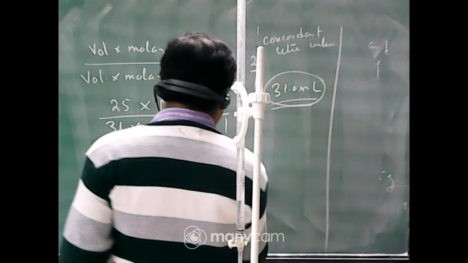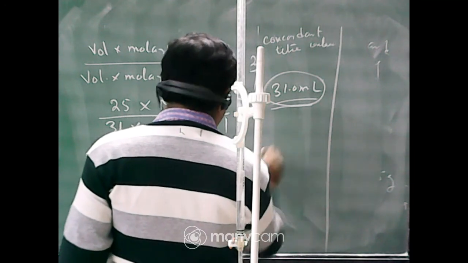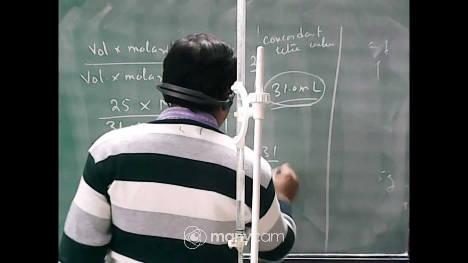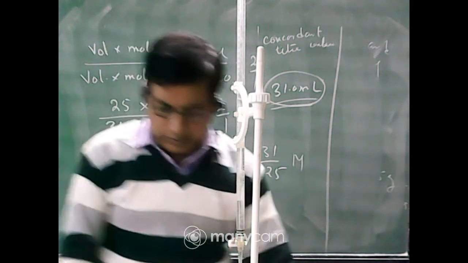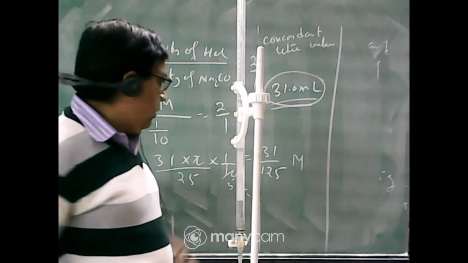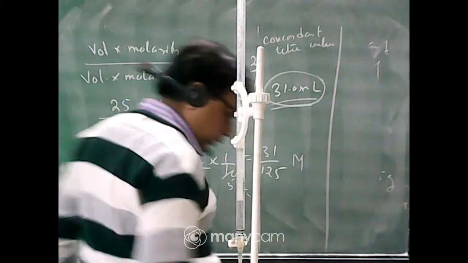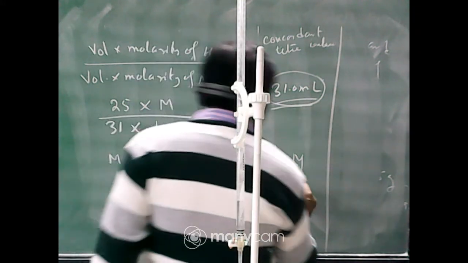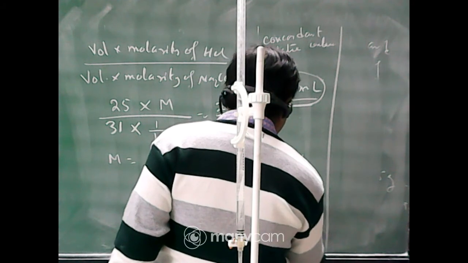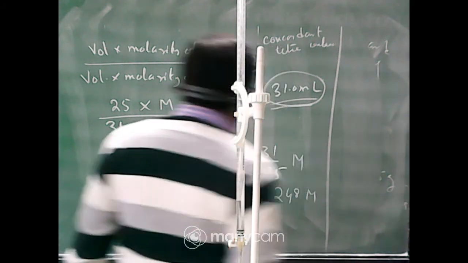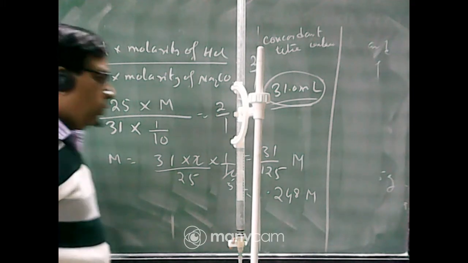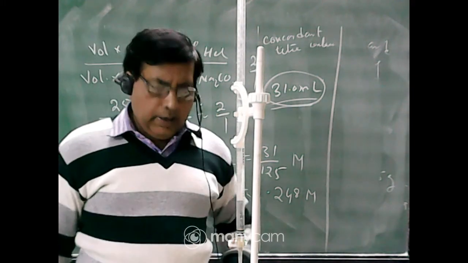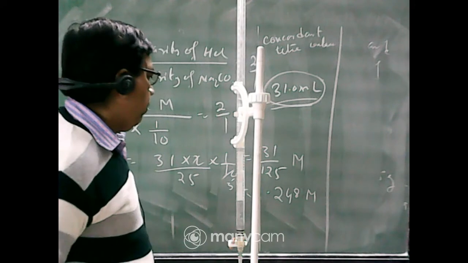So that becomes 31 by 125 molar. Divide this and see: 0.248 molar. So molarity of given HCl solution is 0.248 molar.